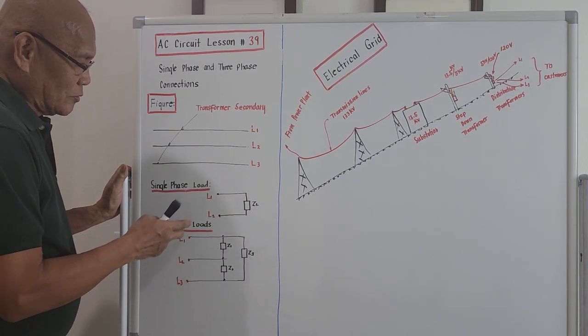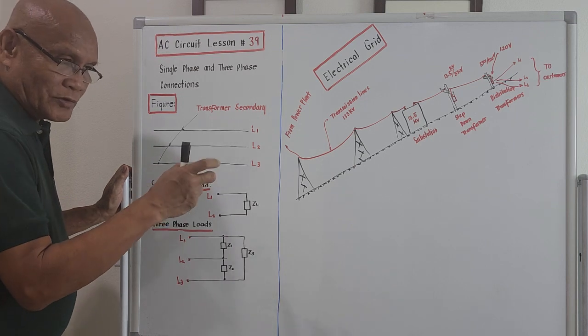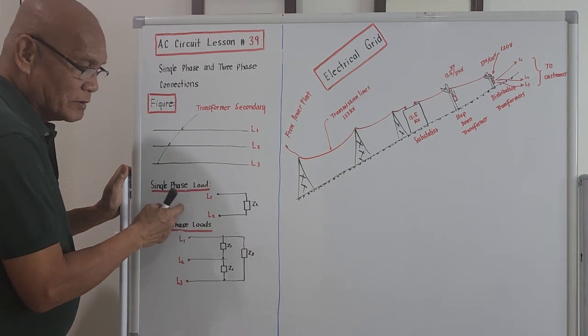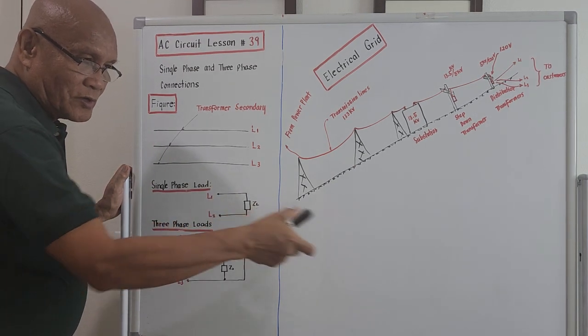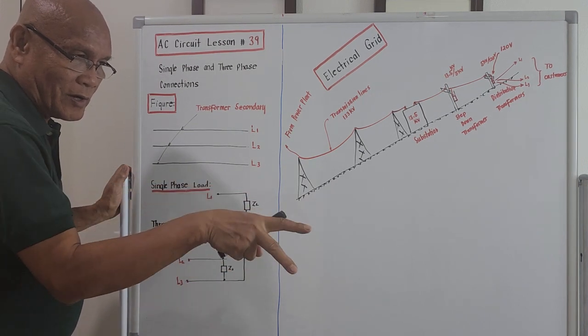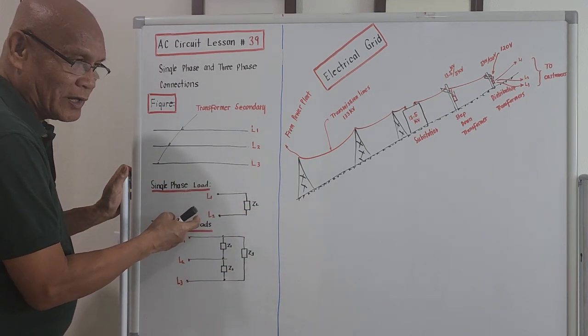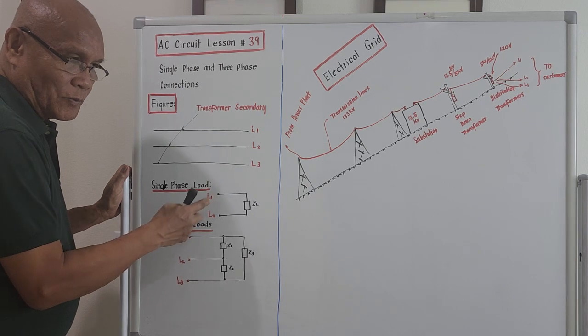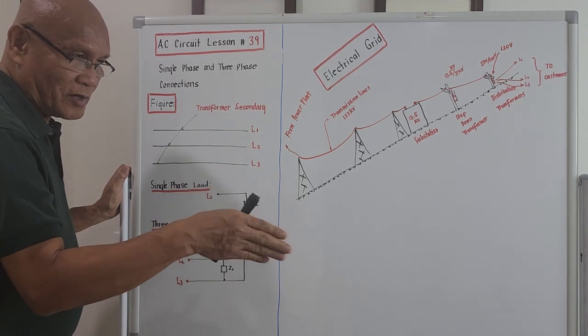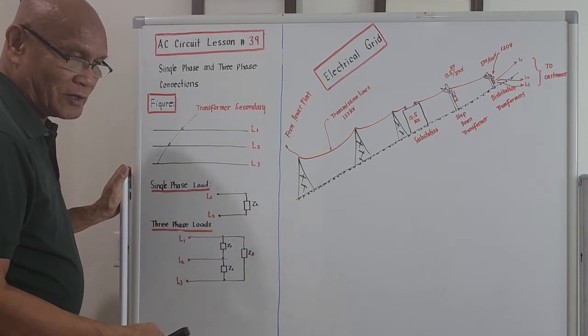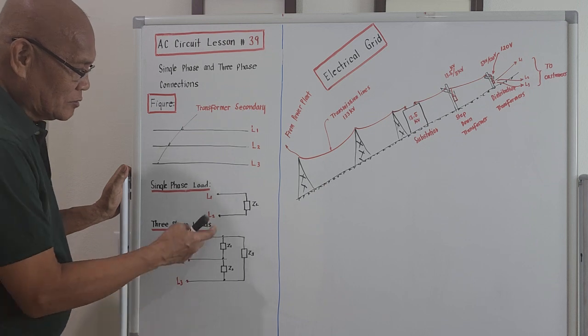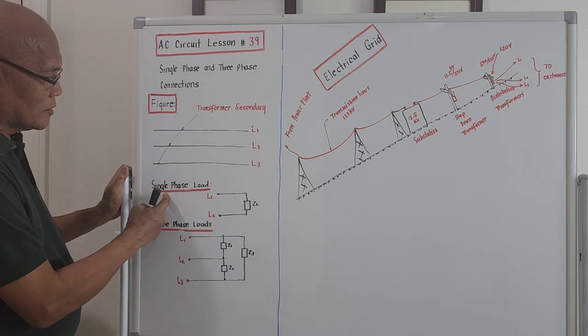If you are a single phase load, your service entrance, the lines going to your house, will be simply line number 1 and line number 2, plus the ground circuit given by the utility company.